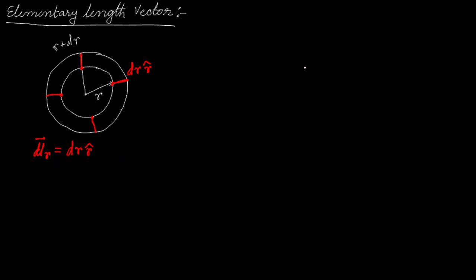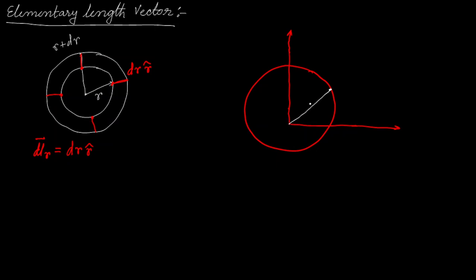Then let me draw another case. Like this is your XY plane, and we have a circle like this. Consider a point P here on the circle, and the radius of this circle, let's say r.